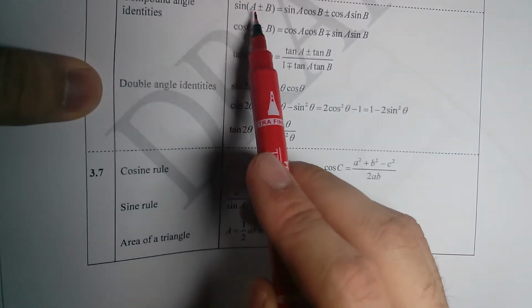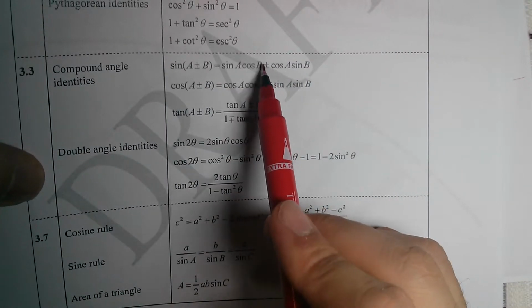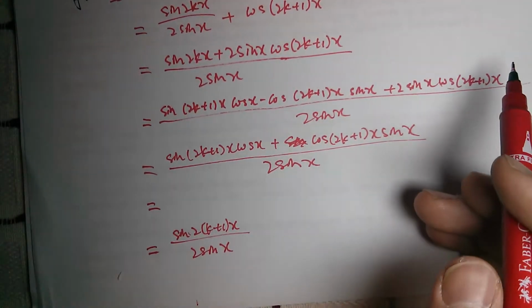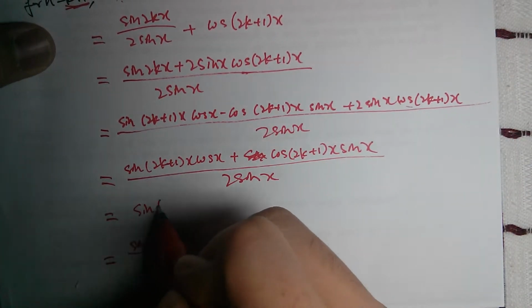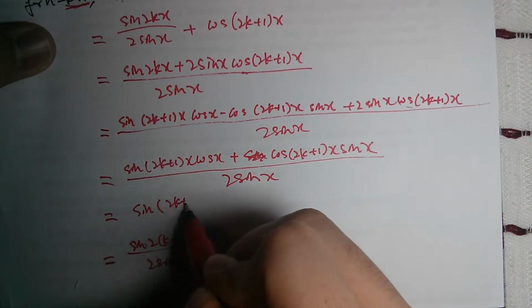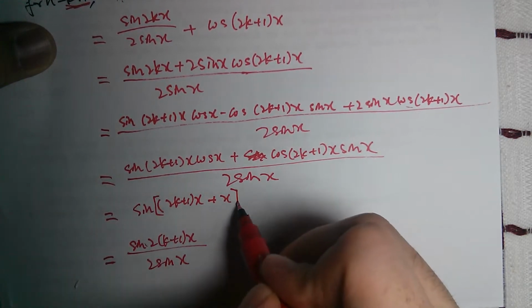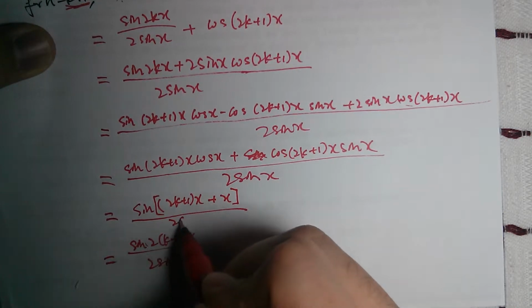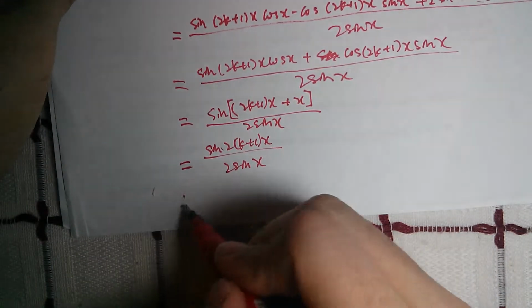If you have sin(A+B), it will be sin A cos B plus cos A sin B. So we can just add them up. So it would be the same as sin((2k+1)x plus another x) divided by 2 sin x, which of course is this. And therefore, induction is done.